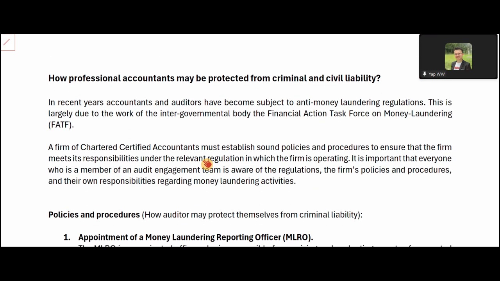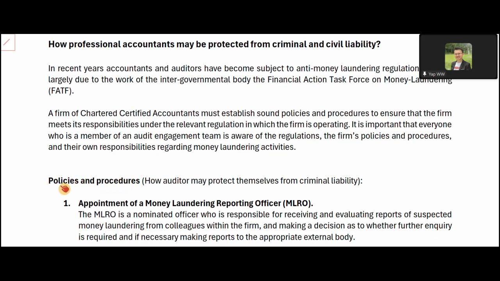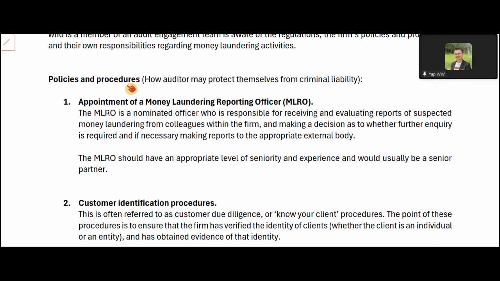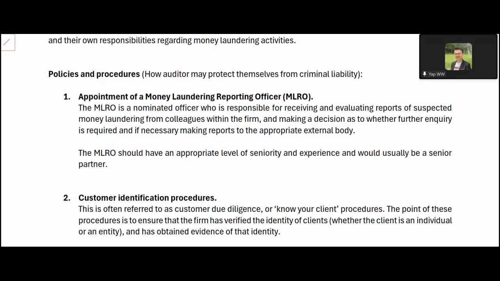Great. So far, the part that is important for the exam will be the three stages of money laundering. Next, policies and procedures. An audit firm needs to do these five things.